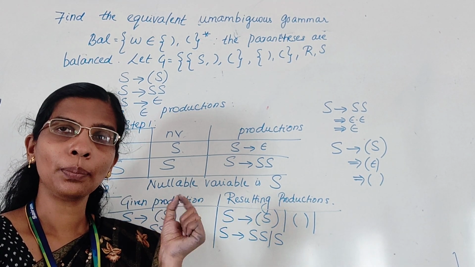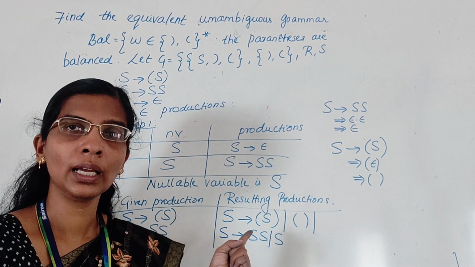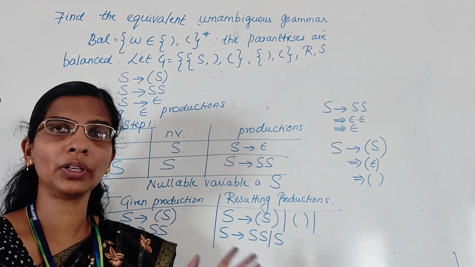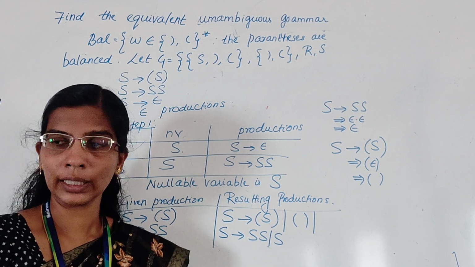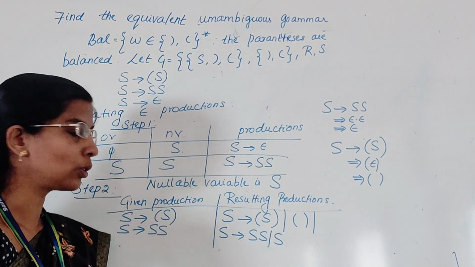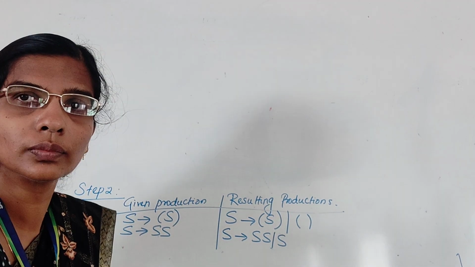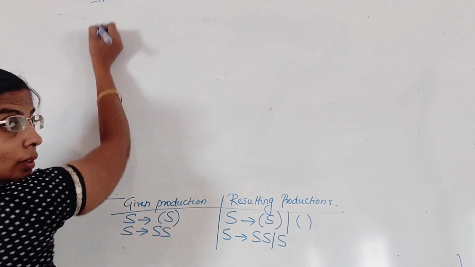Here I keep only one epsilon production since my start symbol is a nullable variable. If your start symbol is not a nullable variable, you won't include any epsilon production. So the next step is including at most one epsilon. I'll do that next.